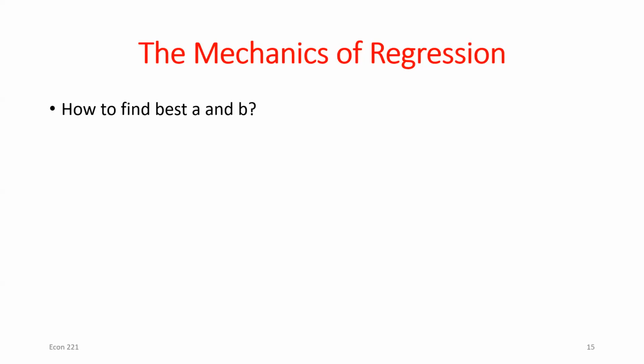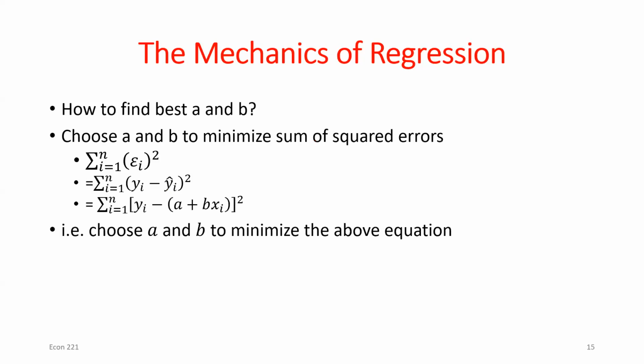In practice we're not going to draw this line of best fit and figure out what the intercept and slope are, but we're going to let Excel minimize the sum of our squared errors. We want to minimize the errors we're making. This line is like the average relationship between X and Y. We're going to be a little bit off from every observation, so we've got an error term.